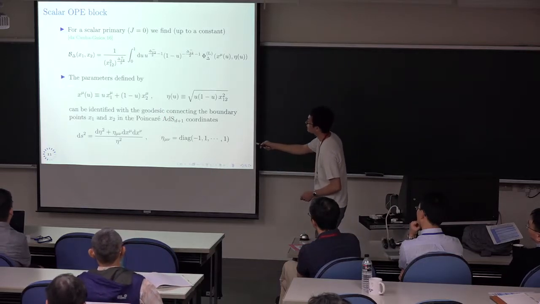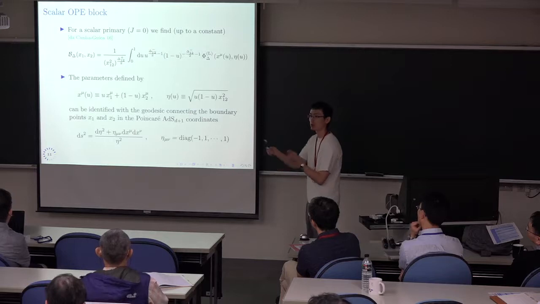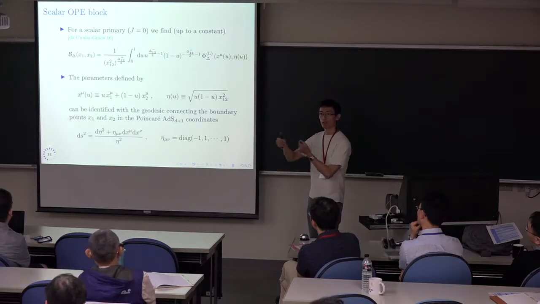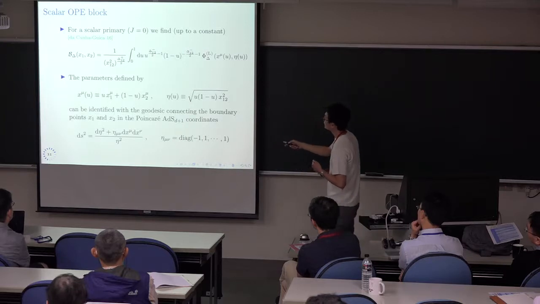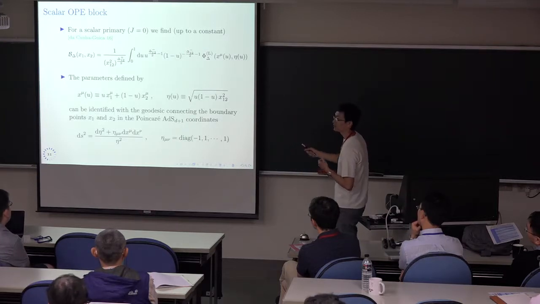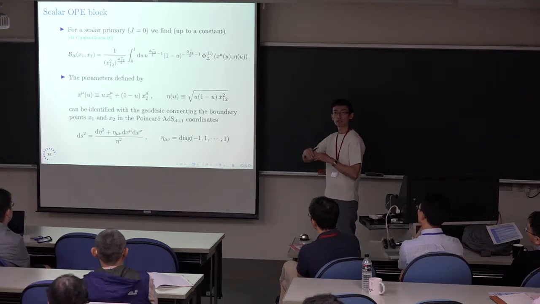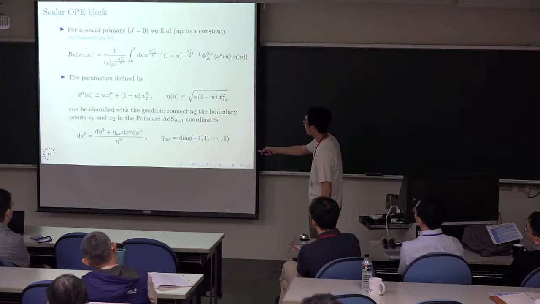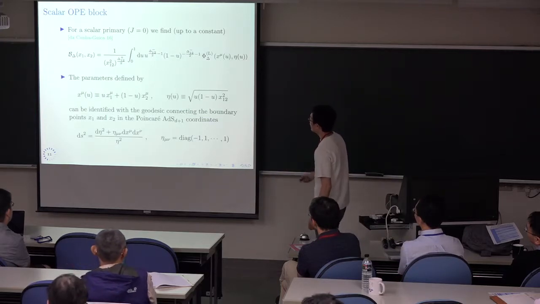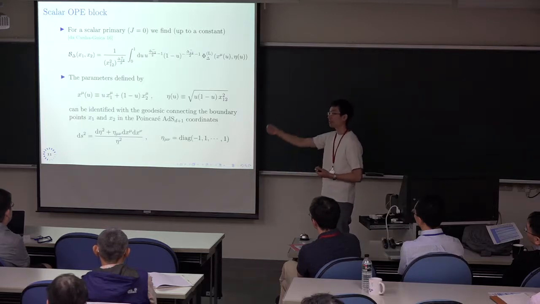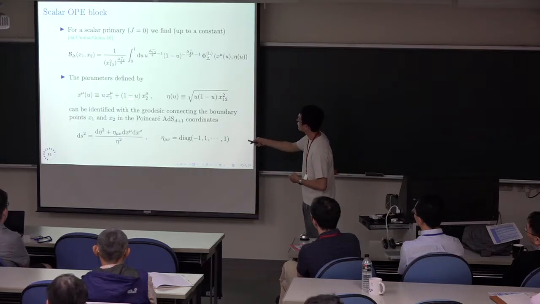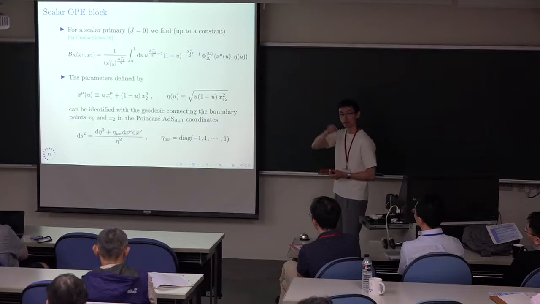So x^mu(u) interpolates between x1 and x2. Now you can also introduce another parameter, eta. This can be interpreted as a holographic coordinate in AdS, in quantum gravity. And u is a geodesic parameter, so this is actually on the geodesic in AdS space.